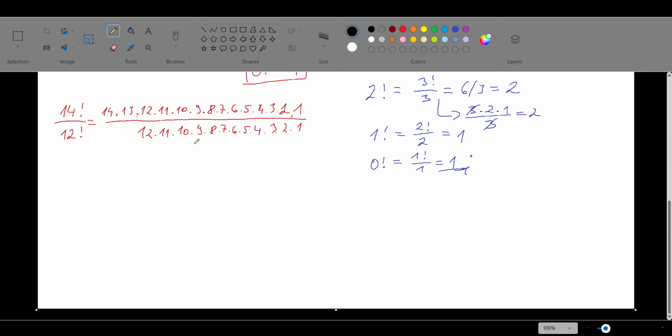And as you can see, you can cancel a lot of numbers from this multiplication. 12, 11, 10 and so on down to number 1 will cancel each other, and the result after cancelling is 14 times 13, which is equal to 182.